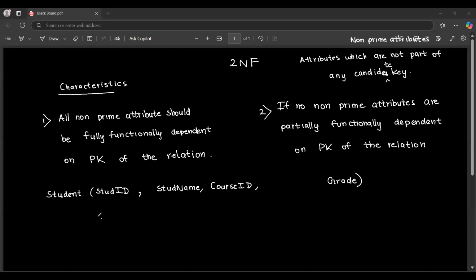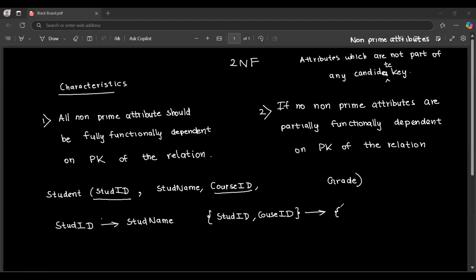Now we can say stud ID and course ID together are the primary key. Stud ID functionally determines stud name, isn't it? Yes. We also know that stud ID, course ID functionally determine grade.